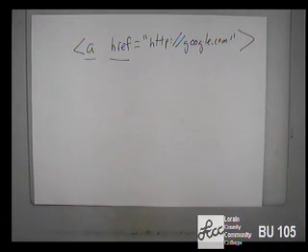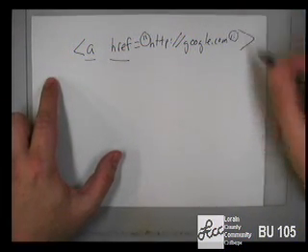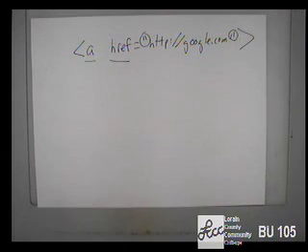That's one of the rules for XHTML. Another rule is that every attribute value has to be enclosed in quotes. All right? And the last main difference is that every starting tag needs an ending tag.